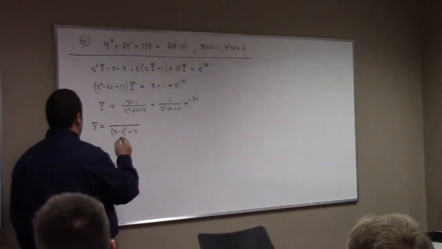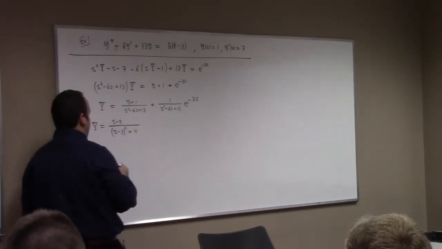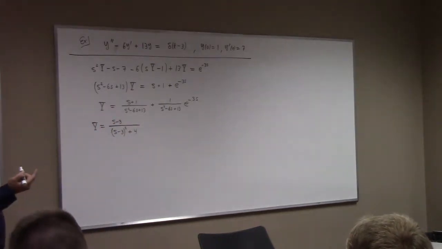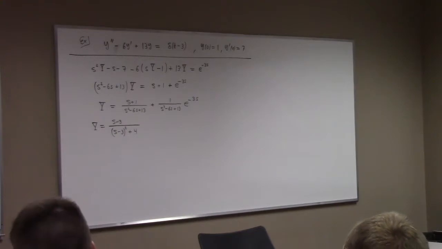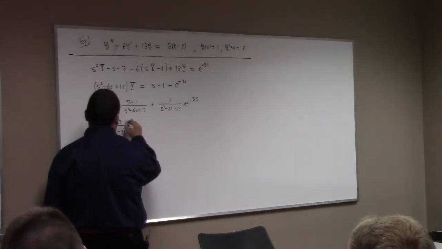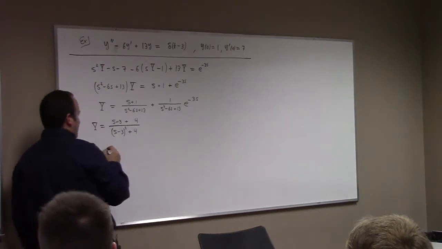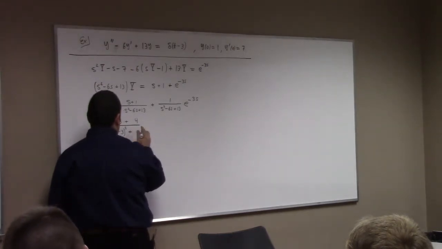So if I do that, I've got s minus 3, great. But to be fair, I had a 1 before, right? So what do I have to put? Plus what? Plus 4, right? Leave myself a little room there. See, that 4 is actually 2 squared, isn't it?